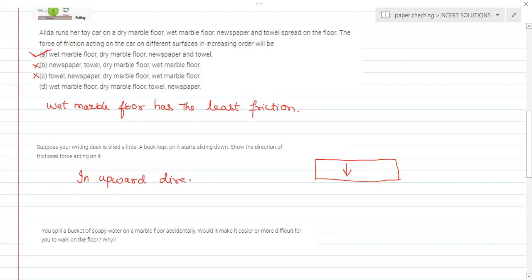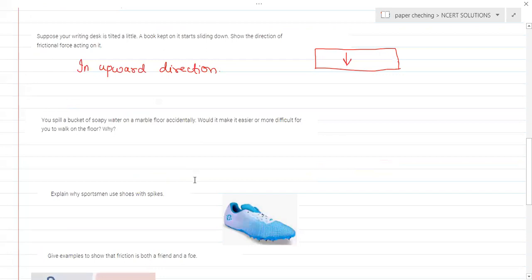It's a very easy and straightforward question, but friction can have such questions in a tricky fashion as well. You spill a bucket of soapy water on a marble floor accidentally. Would it make it easier or more difficult for you to walk on the floor? Why?